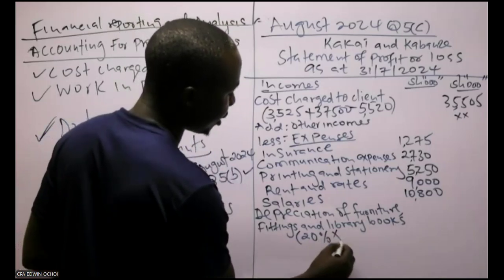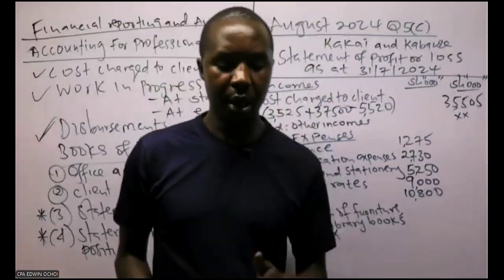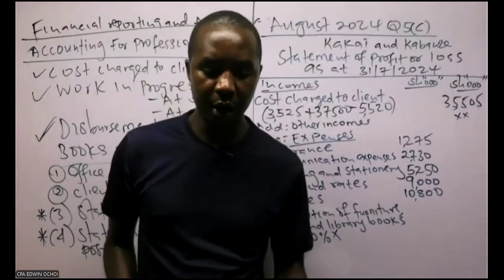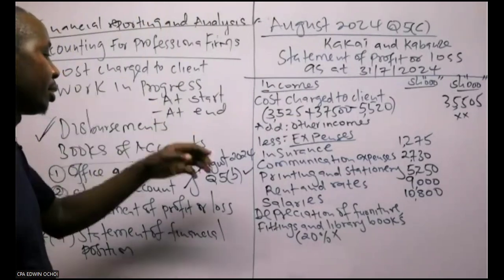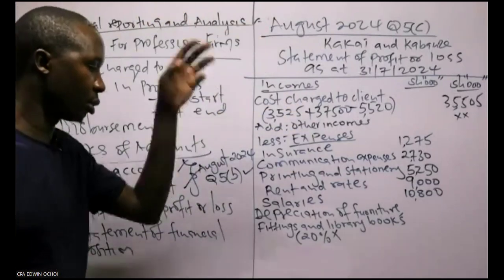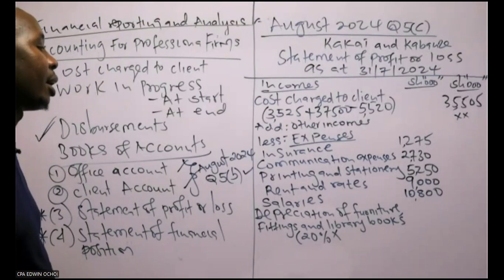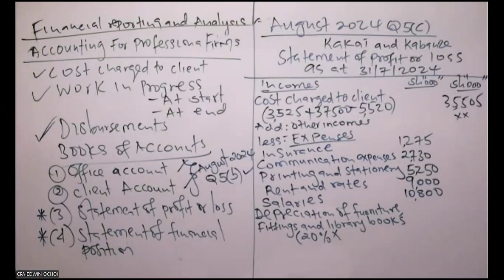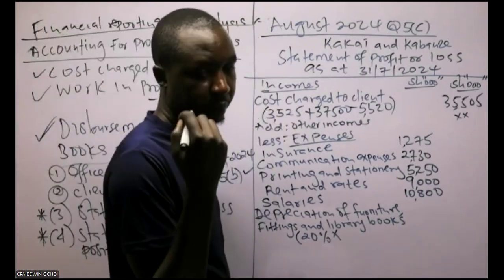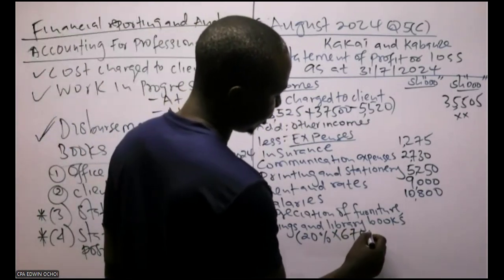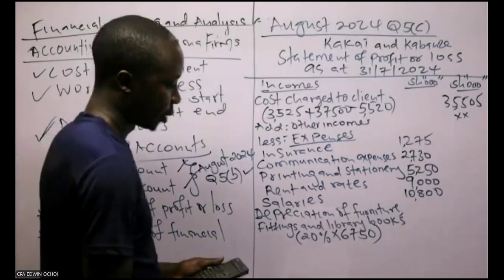The furniture, fittings, and library books value is mentioned: 6750. So 20% of that is 1350.